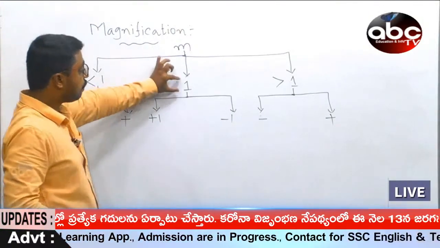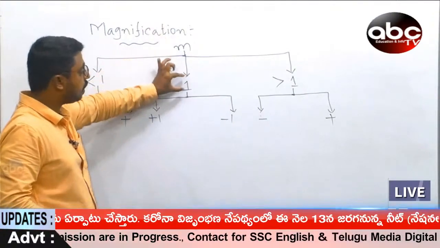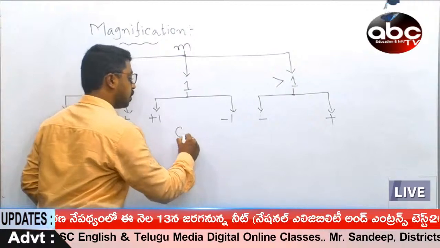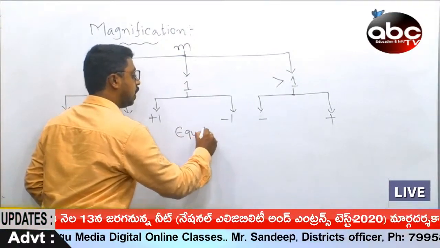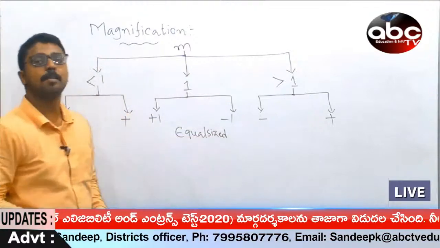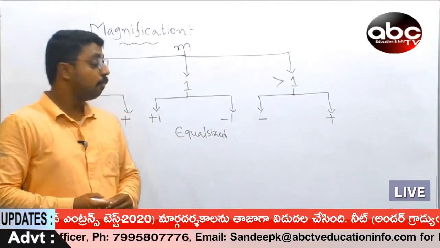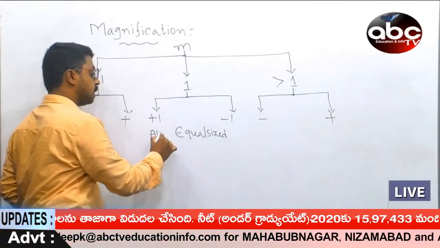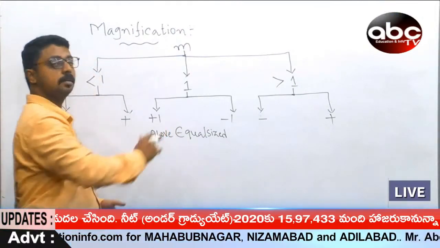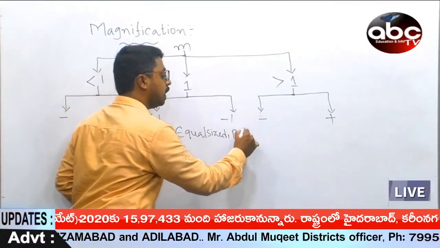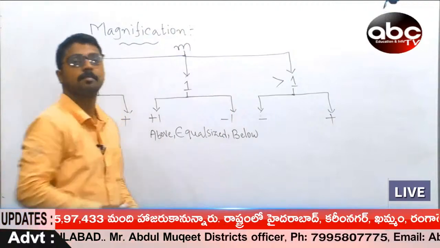If the magnification power is 1, when does it come? When it is equal sized, we get 1 as the magnification power. If it is +1, it is above the principal axis. If it is -1, it is below the principal axis.